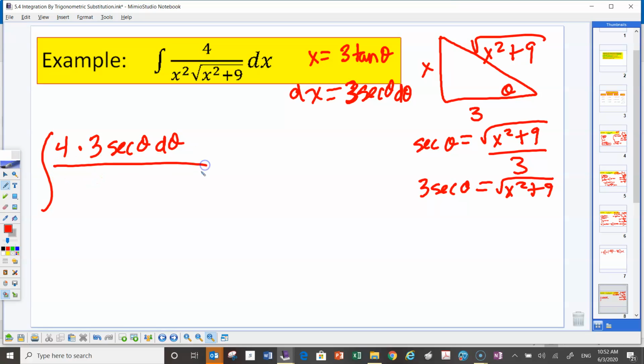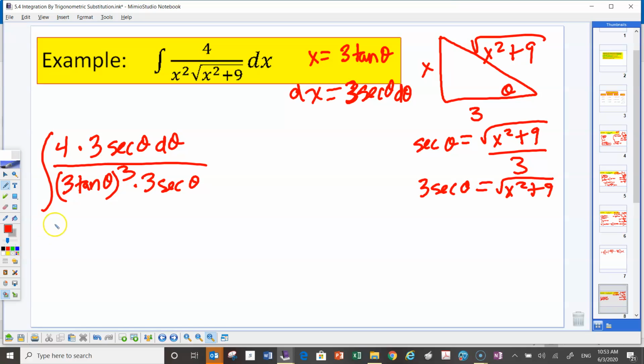And in the bottom, in place of x, I'm going to put 3 tan theta. And I have to square that. And in place of the square root of x squared plus 9, I'm going to put in the 3 secant theta.